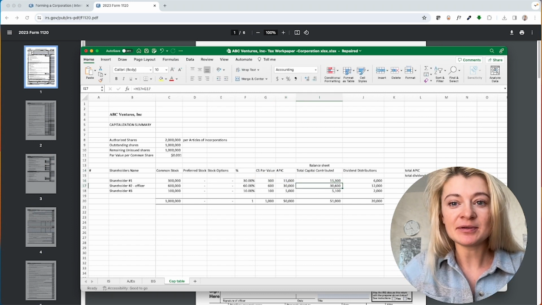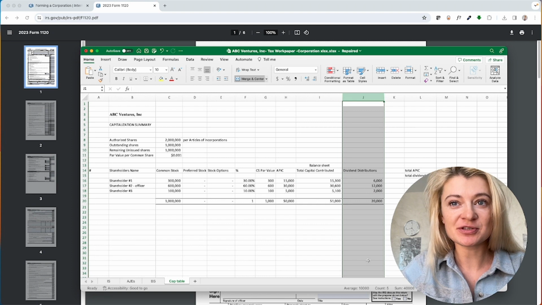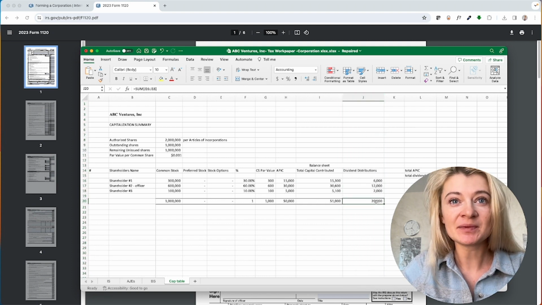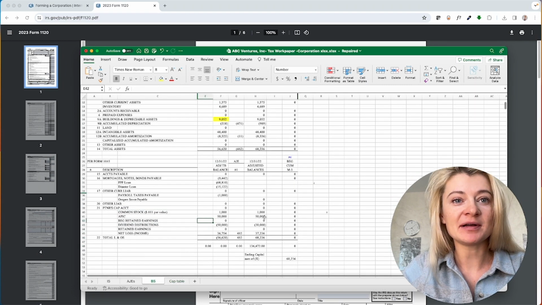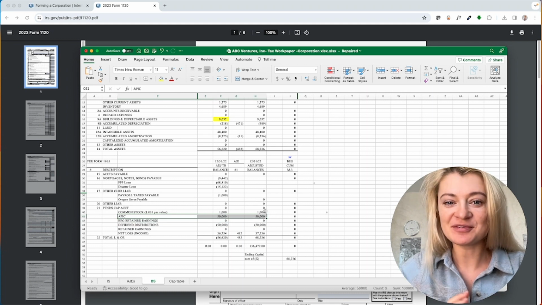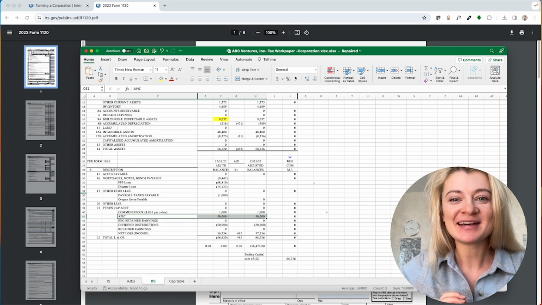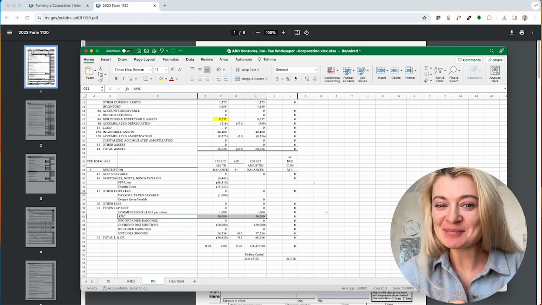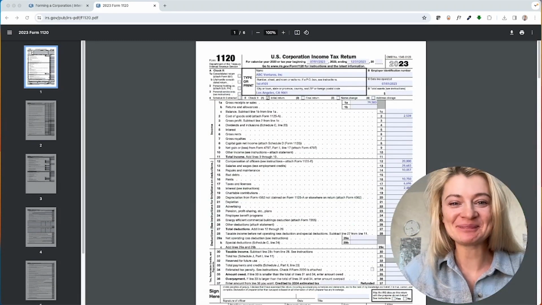In this example, we will assume that the C corporation has dividend distributions of 20K this year. Dividend distributions show up under the balance sheet right here, along with additional paid-in capital of 50K. Hope that makes sense. This is our assumption for the 1120 preparation, and I'm going to go into more detail right now.